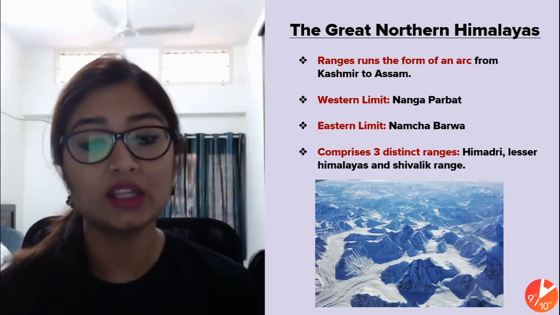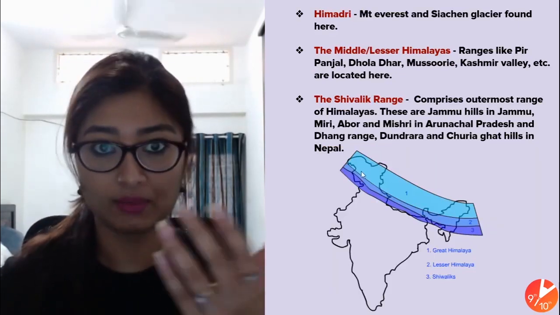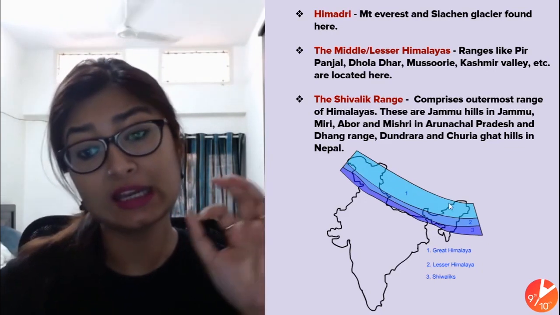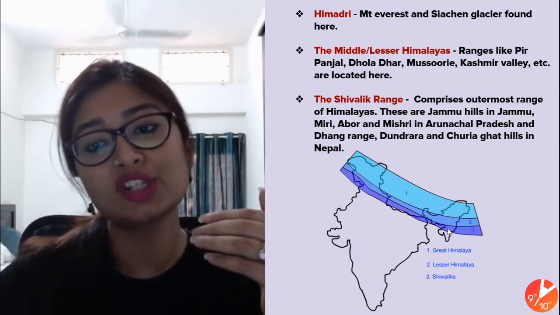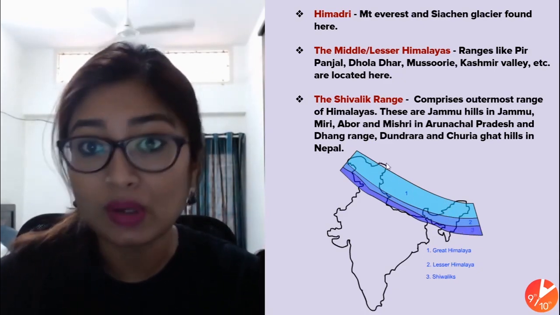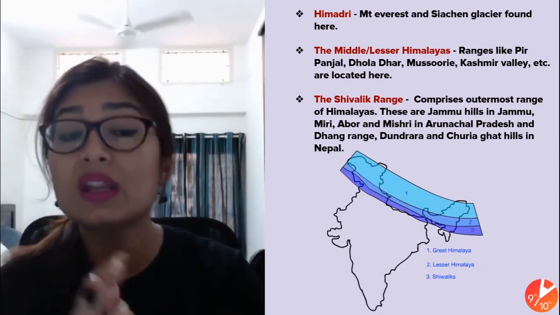So as I was telling you, the first part is Himadri. If you look at the diagrams, guys, this first part, as you can see, this is the great Himalayas. Then here is the Lesser Himalayas and this is the Shivaliks. So the great Himalayas is basically Himadri. Why? Because it has most of the highest mountain ranges.